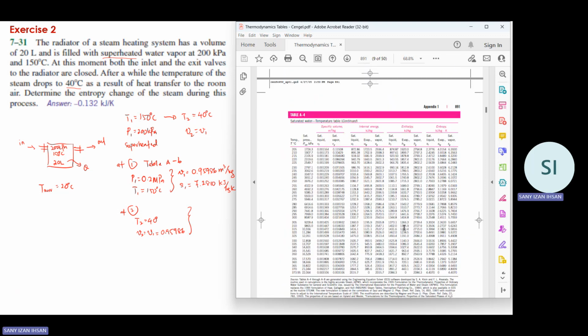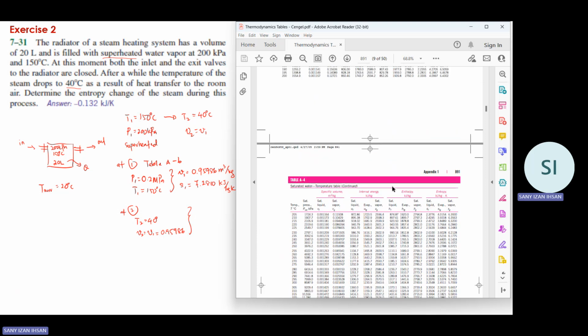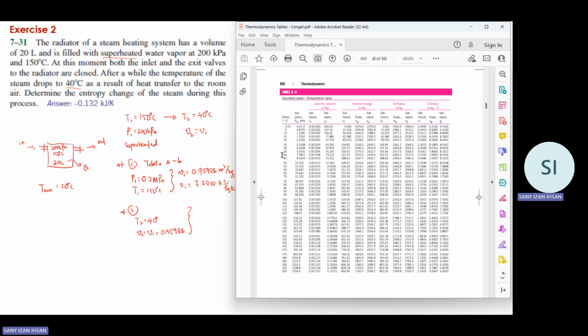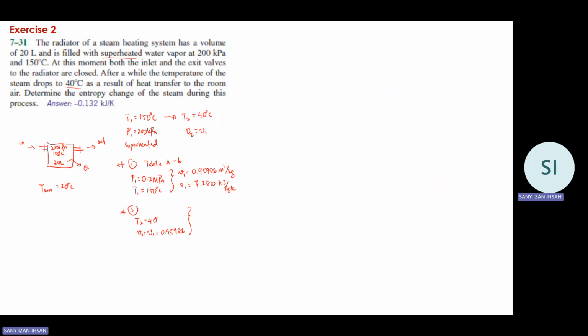A4. As usual, first to check the condition, go to the saturated table. We know temperature is 40, so we have the 40 value there. VF is 0.001008, which is smaller than V2, and VG is 19.515, which is larger. So yes, we can expect that state 2 will be in the saturated mixture region.